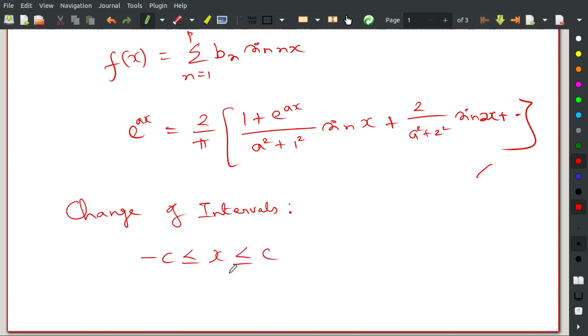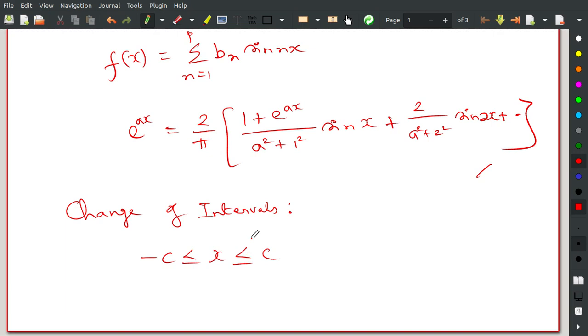Here you can have anything: minus 2 to positive 2, or from minus t to positive t, something like that. They give some values.